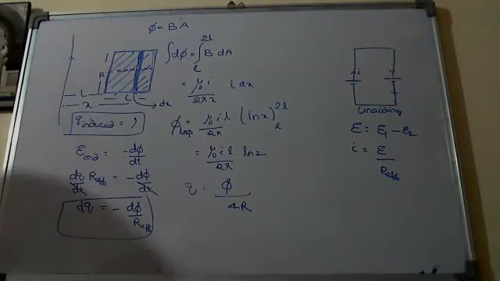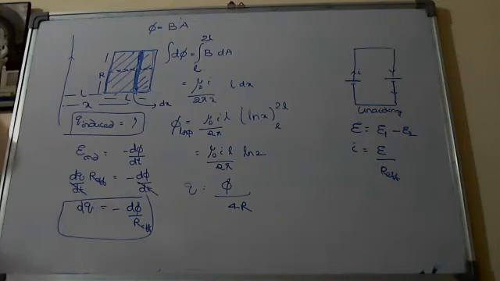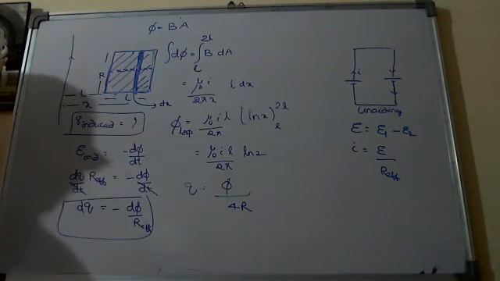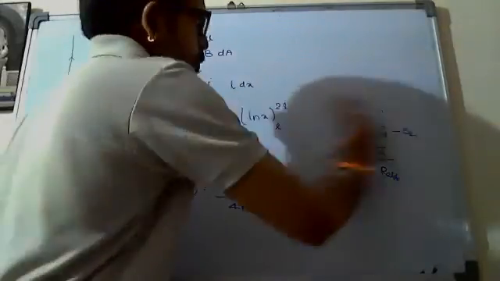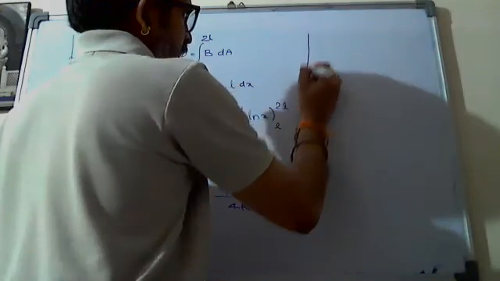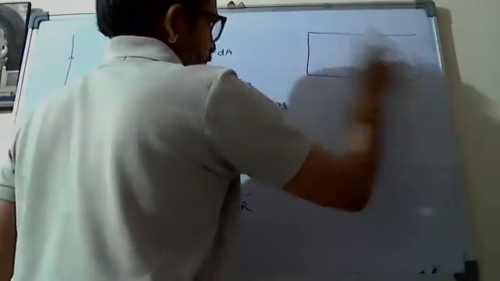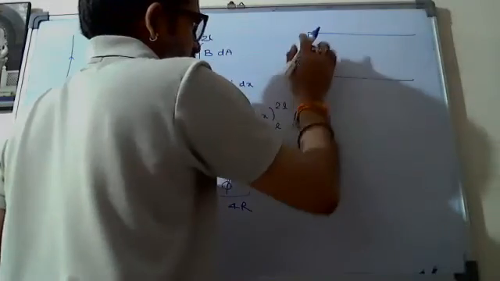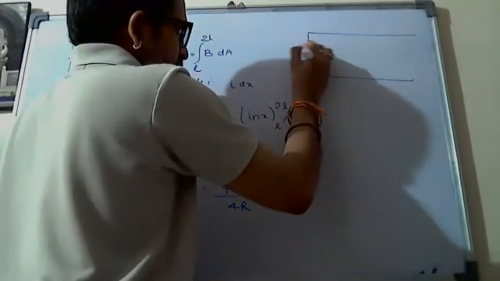This is one model. They will ask related to the charge induced. And here, suppose these are rails of infinite length, but the resistance is negligible. And here one resistor is connected.